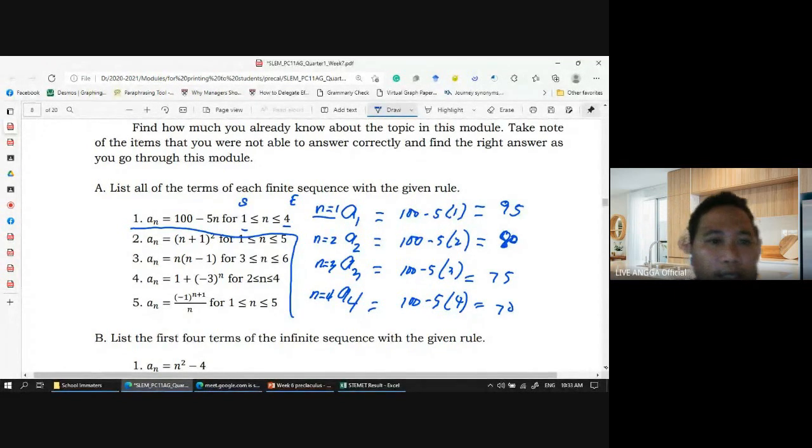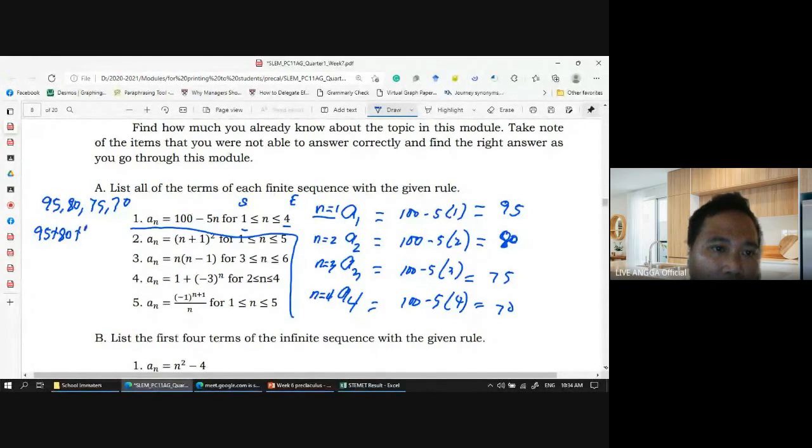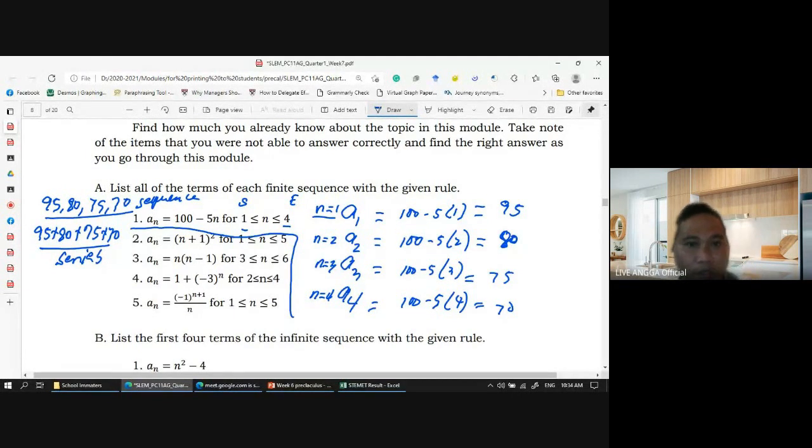So kung isulat na isa sa sequences, we have 95, 90, 85, 80. If we're going to add 95 plus 90 plus 85 plus 80, then this is called series. This is called sequence. So, yun ang kaibahan ng series sa sequence.